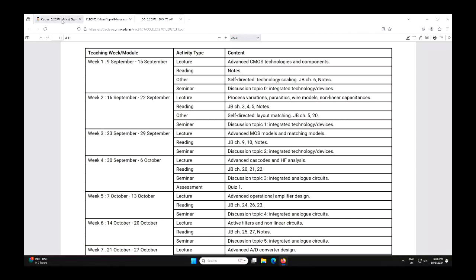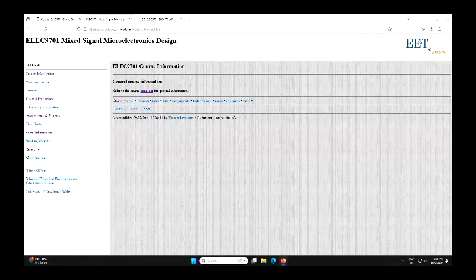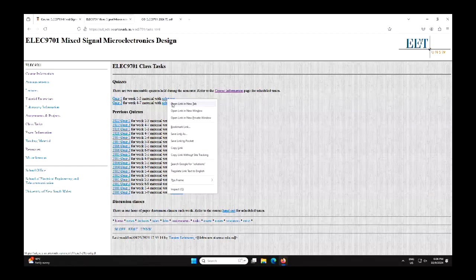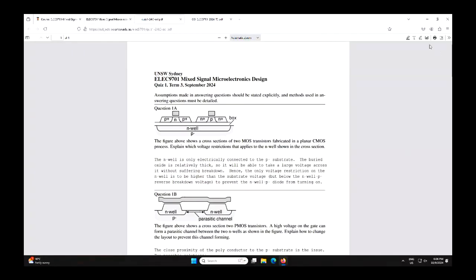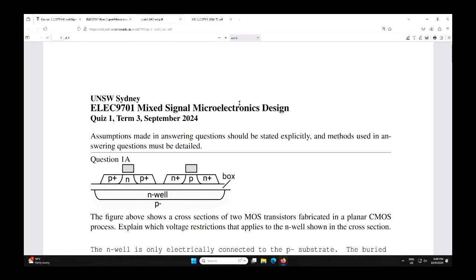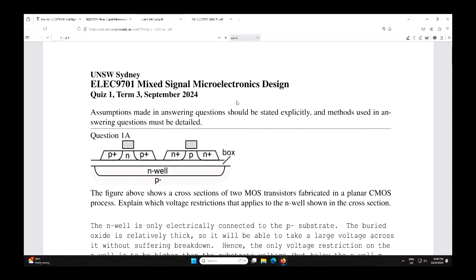Before we do that, though, let's first have a quick look at the quiz solution.